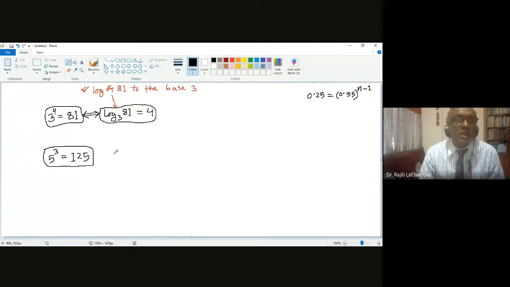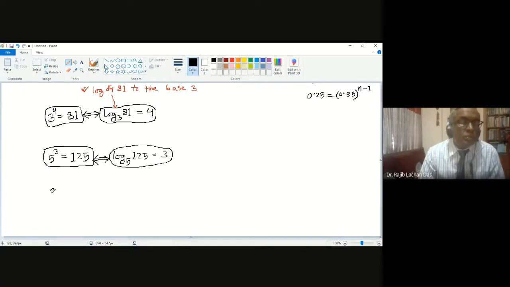So you can write this information with log, like log 125 to the base 5 equals 3. This is the logarithm presentation, the same information with log. Do you understand what I'm saying? I'm giving another example so that you can understand clearly.